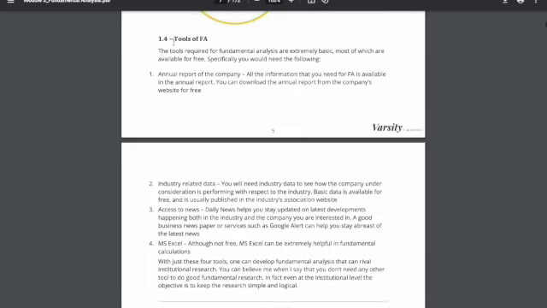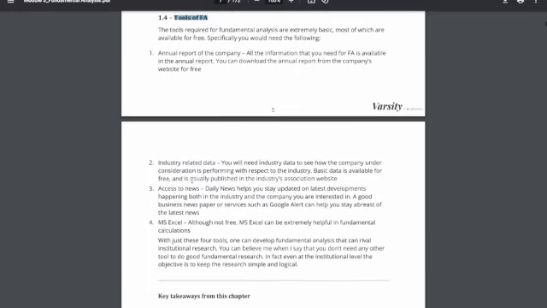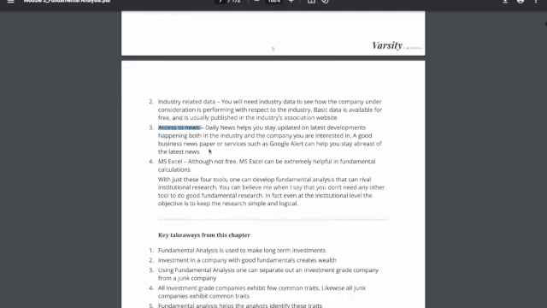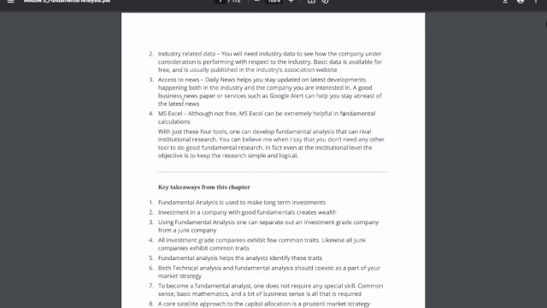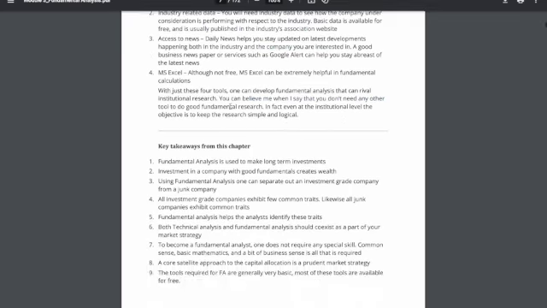So you can actually go to the shipping company's website if you are analyzing a shipping company. Another tool for financial analysis is access to news. So you want to see articles, what's the latest developments happening both in that industry and the company we're interested in. So Bloomberg, and another tool is Excel or Google Spreadsheets.